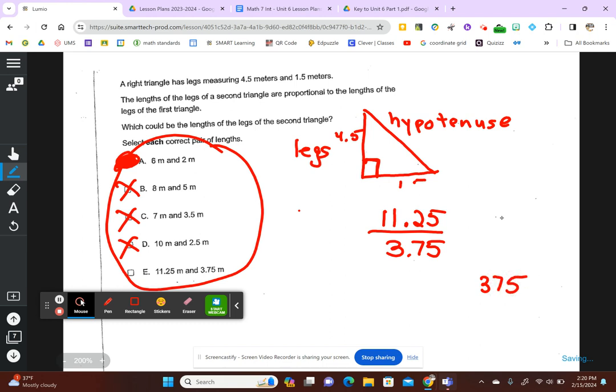So I'm just going to do 375 times 3 and see what I get. If I get 1125, then it is. So this is 15, carry the 1. This is 22, carry the 1. Carry the 2, sorry. And 3 times 3 is 9. This is 11. So it is 11.25 over 3.75 does equal 3. So E is also a possibility.